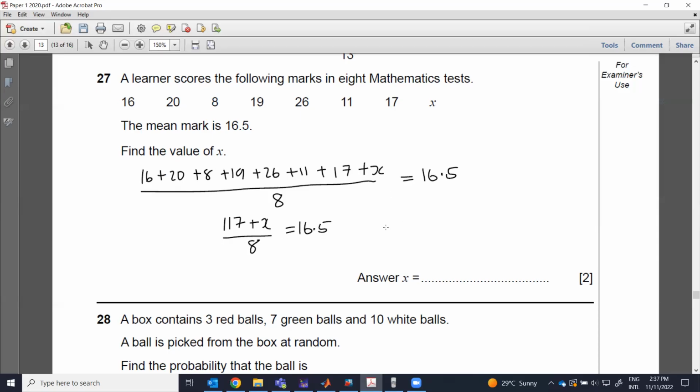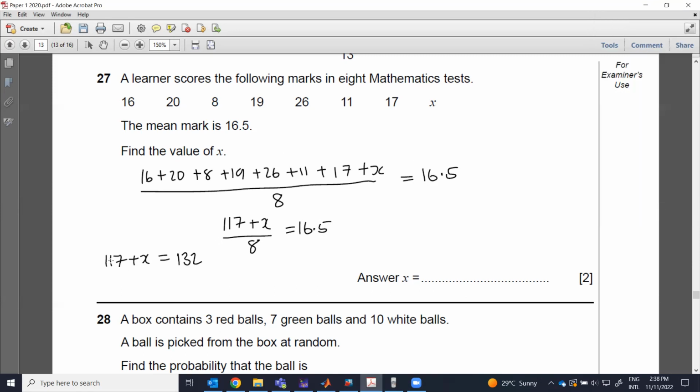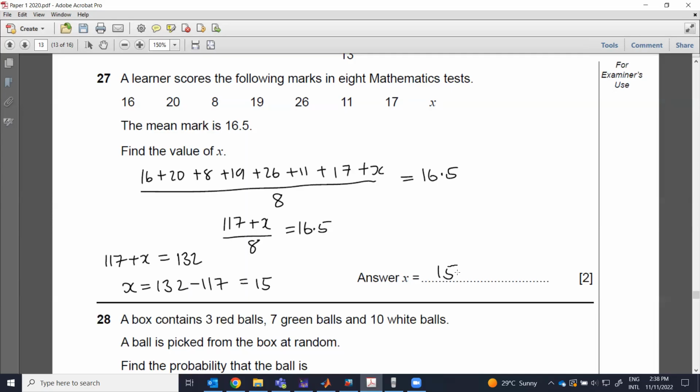Then you cross multiply, we have 117 plus x. This is 16.5 times 8, which is 132. Then to solve for x, this is 132 minus 117. This is 15. So x is equal to 15.